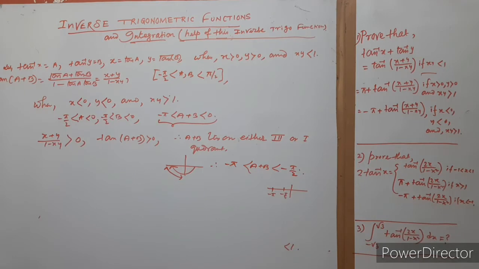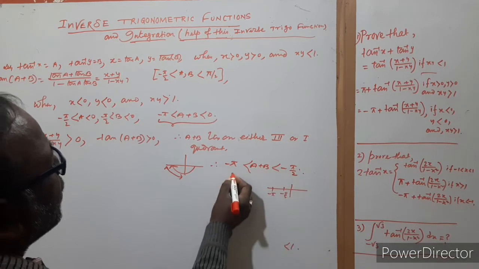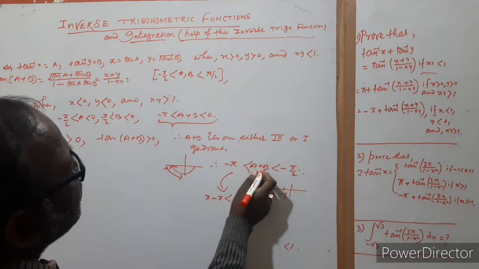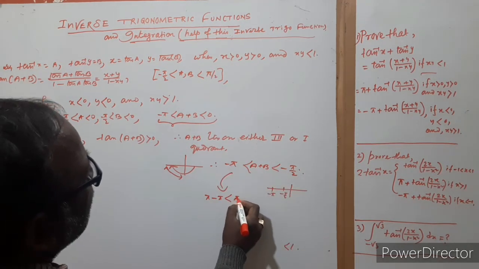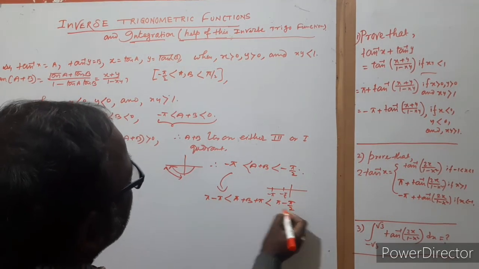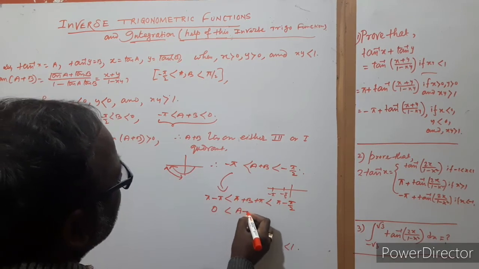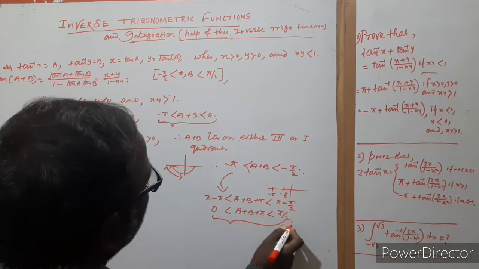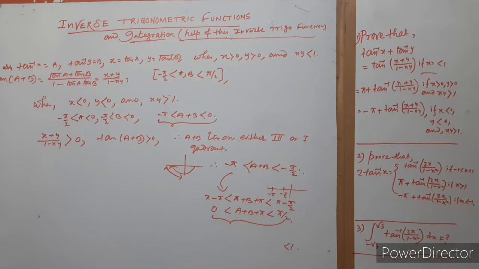Okay, so we get this region actually. Now see, adding pi to all parts, a plus b plus pi lies between 0 and pi by 2. So the whole thing lies in 0 to 90 degrees, and we can apply the rules here.